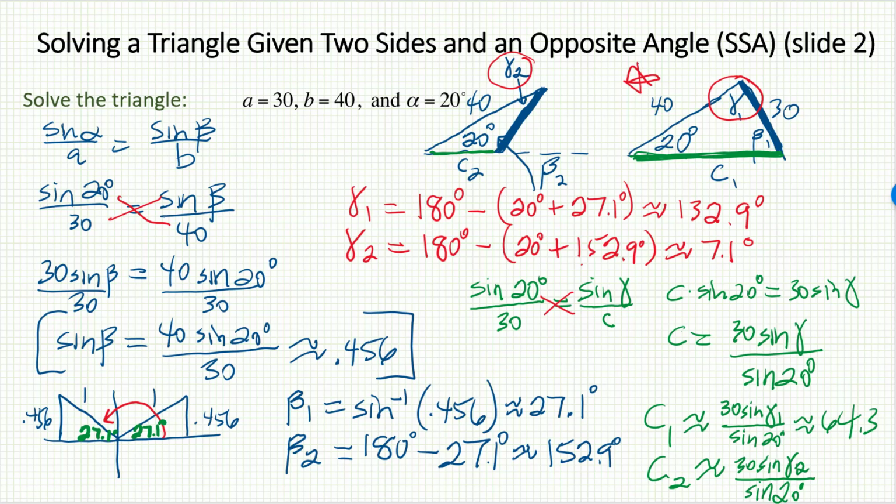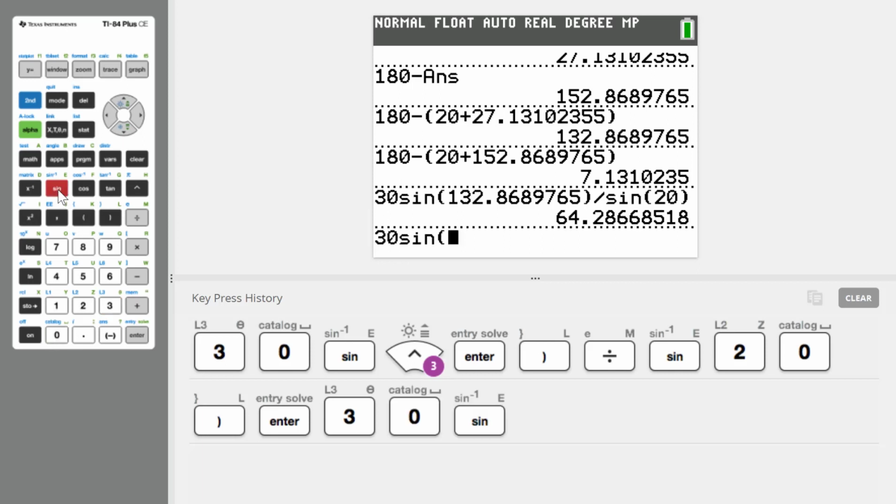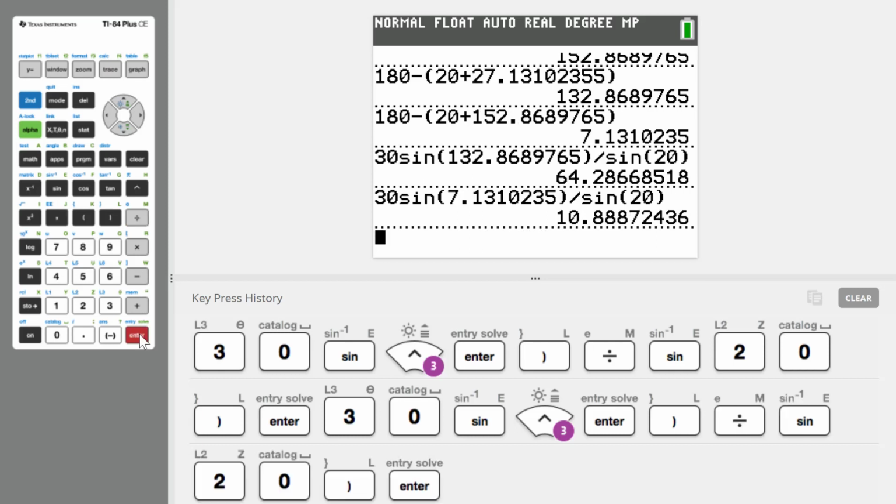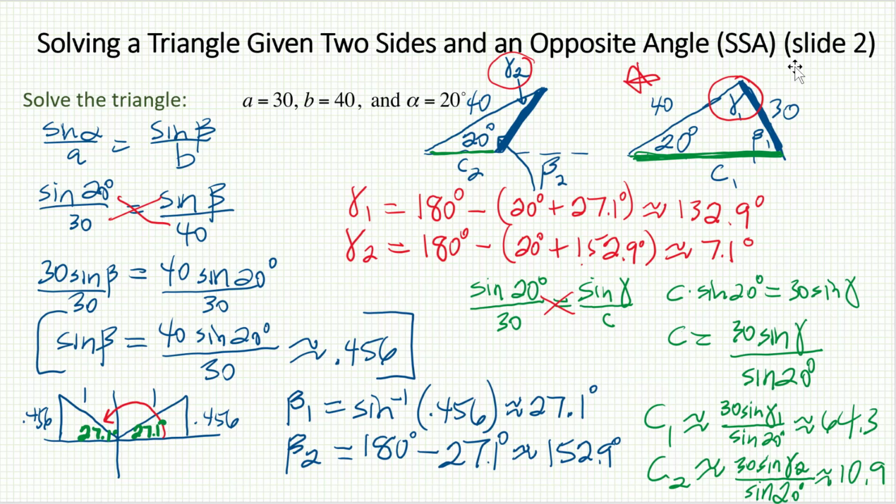If I want to get C2, I do the same thing again, this time with gamma 2. So 30 sine gamma 2 is that 7.1310 angle. I'll choose that. I'm not using a rounded value. I'm using that whole value so that I won't be off any at the end. And then I need to divide that also by sine 20. And I get about 10.9. So C2 is about 10.9.